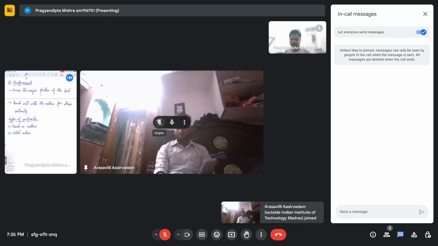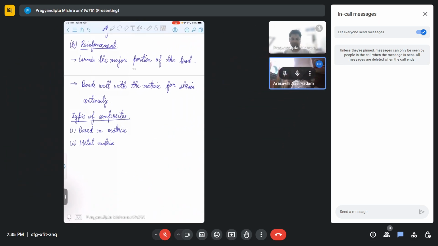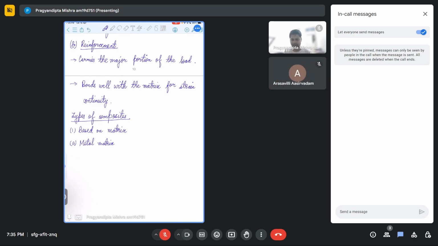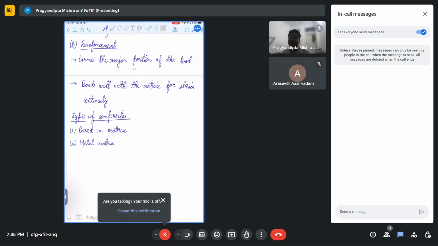Okay. Yeah. So if you are using a metal as a matrix, what would be the advantage that we already have?